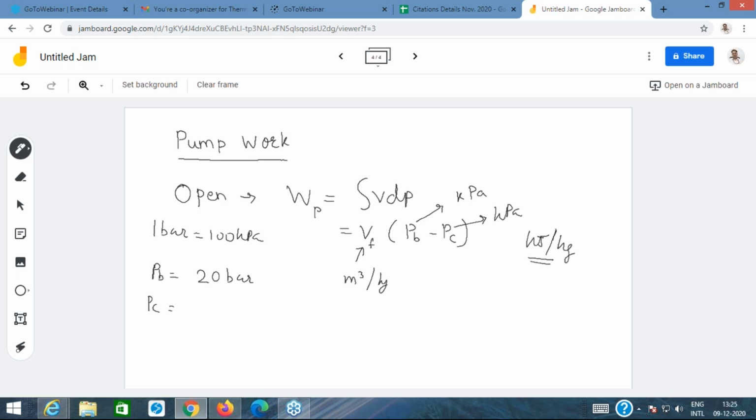Condenser pressure is 0.08 bar. And what is the value of Vf at state 1, that is, at the entry to the pump? So what is the pressure at state 1? Any answers? Pressure at state 1.